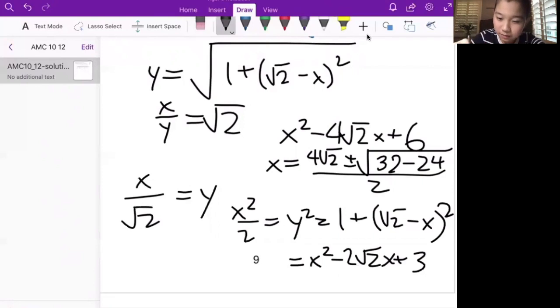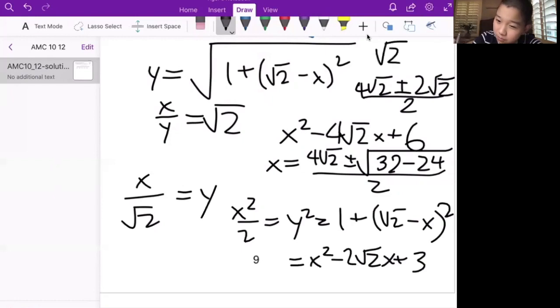And you'll get 4 root 2 plus or minus 4 root 2 over 2 root 2. So then this will either give you root 2 or it will give you 3 root 2.